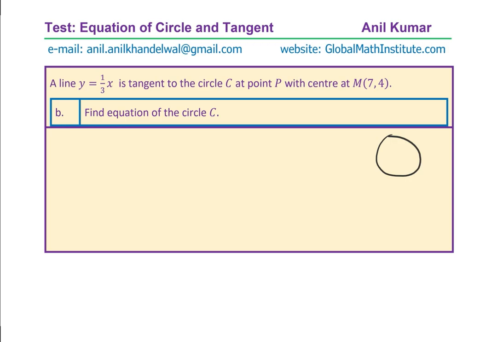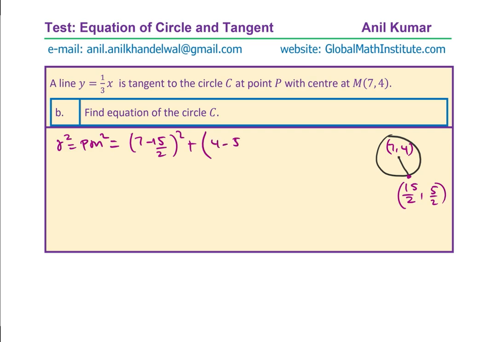We have this circle with center M, which is 7, 4, and this point here, 15 by 2, 5 by 2, is a point on the circle. So we're trying to calculate the radius square, which is PM square, which is 7 minus 15 by 2 whole square plus 4 minus 5 by 2 whole square, right?